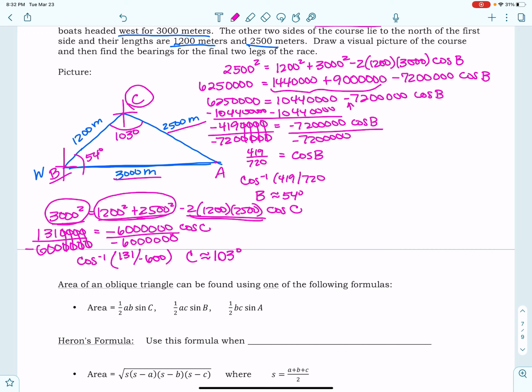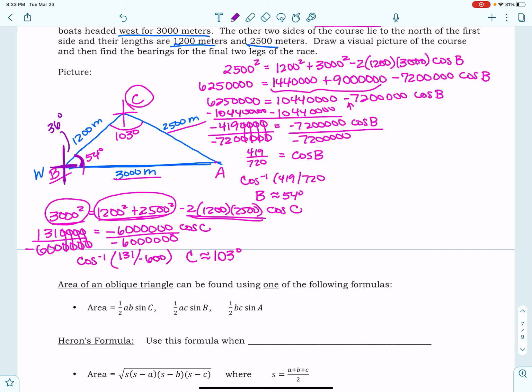Okay, so the easiest way to do this is to look at this first one for angle B right here. It's the easiest one. So I've got 54 degrees right here. That means this angle right here is 90 minus 54, which would make it 36.